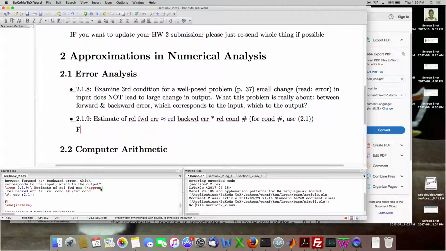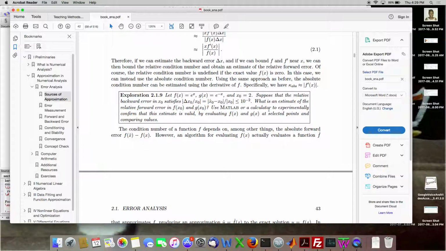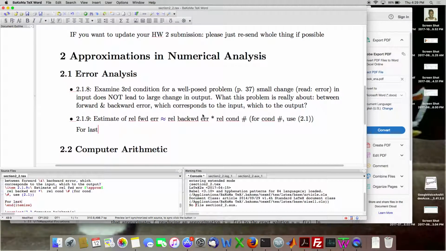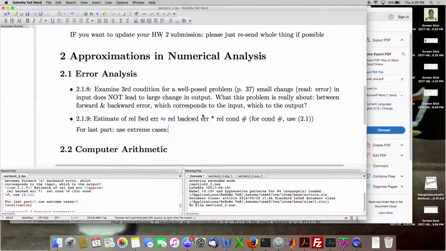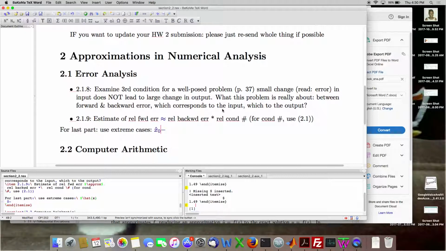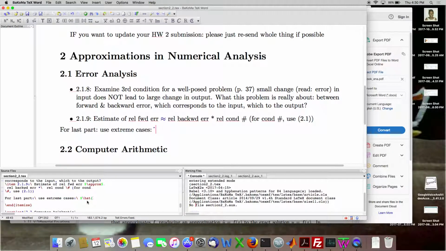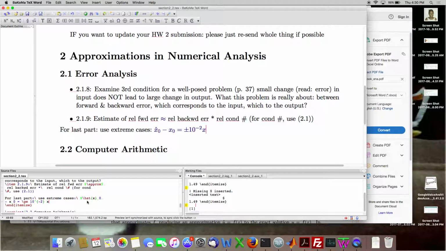Now, for the last part of the question, checking if this estimate is valid, what you can do is use extreme cases. x naught hat minus x naught is equal to plus or minus 10 to the minus 2, which is the size of the relative backward error, times x naught.